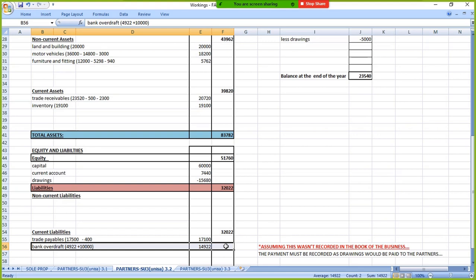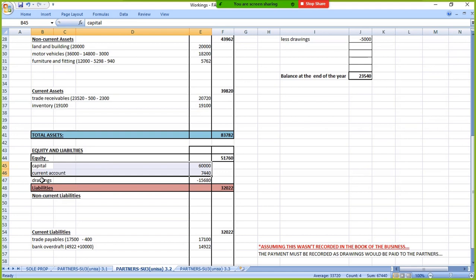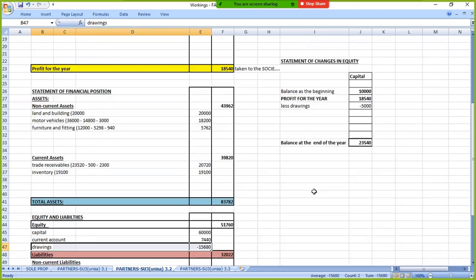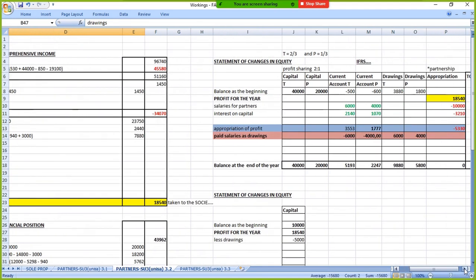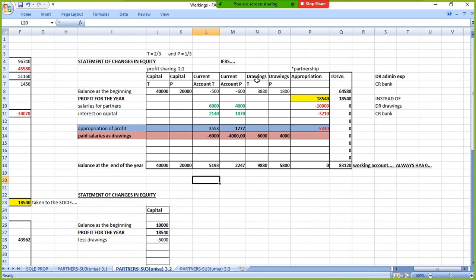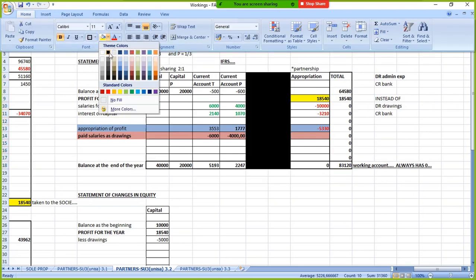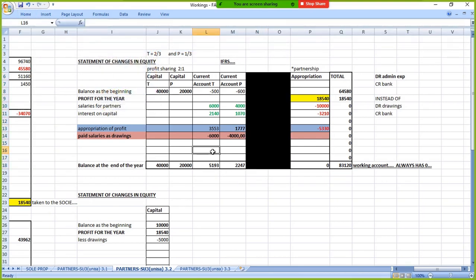Okay. Right, if you want to show the disclosure where you don't show the drawings on the face, then you've got to close this off. Right, then if you close off drawings, then you wouldn't show these two columns. Okay, and then you would show minus here, minus there.